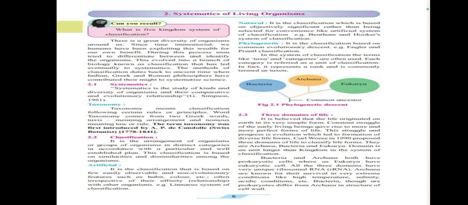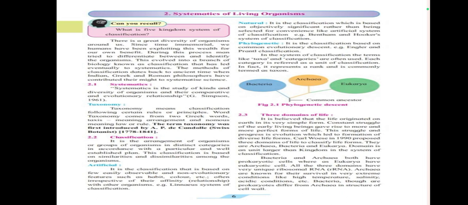Classification. It is the arrangement of organisms or groups of organisms in distinct categories in accordance with a particular or well-established plan. This classification is based on similarities and dissimilarities among the organisms. Artificial: it is the classification that is based on a few easily observable and non-evolutionary features such as habit, color, etc., often irrespective of their affinity or relationship with other organisms.